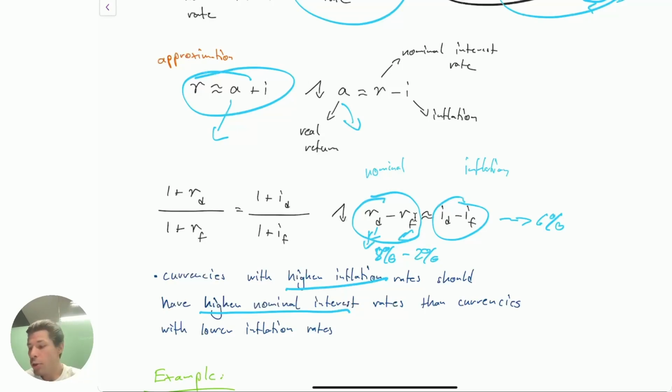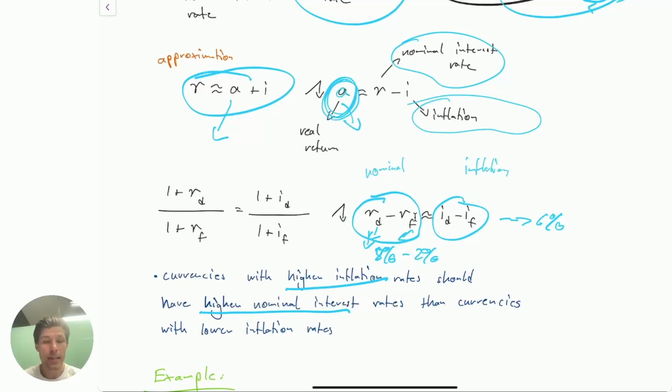And also we assume that our real return across countries is similar, because otherwise money would move. So because we keep A constant, any change in nominal interest rate or any change in inflation rate needs to be offset by the corresponding interest rate or inflation rate to keep A consistent across countries.